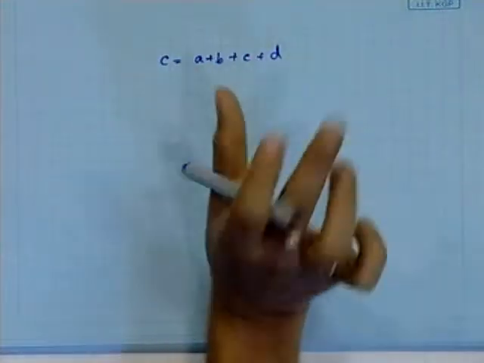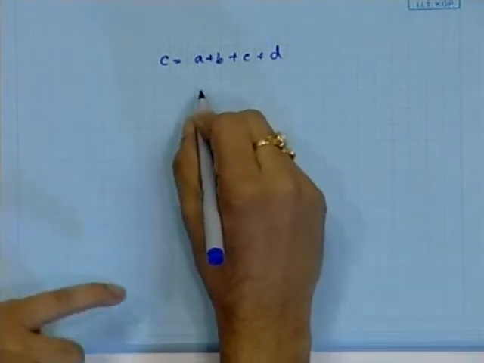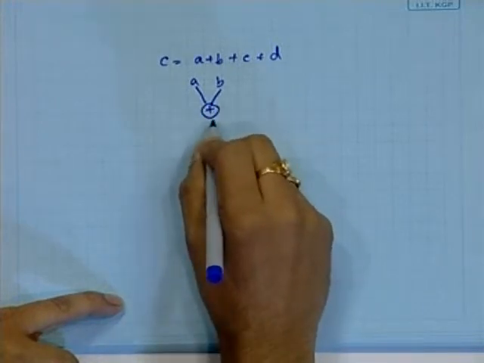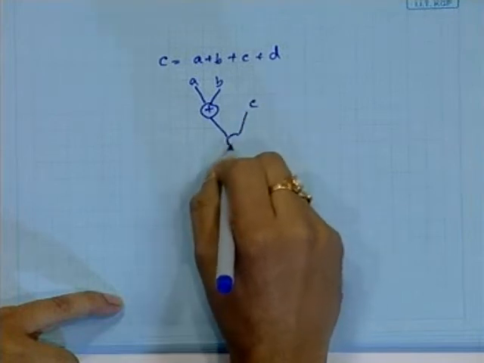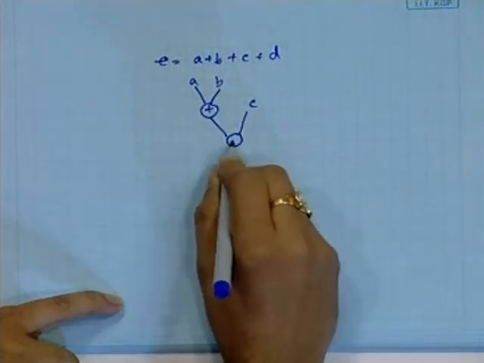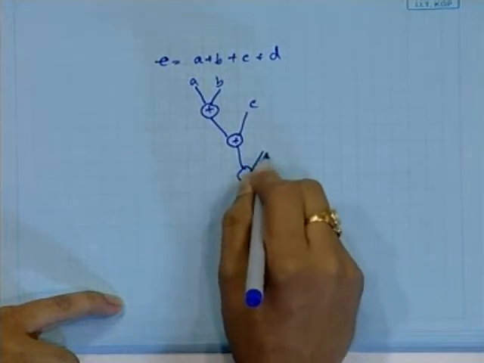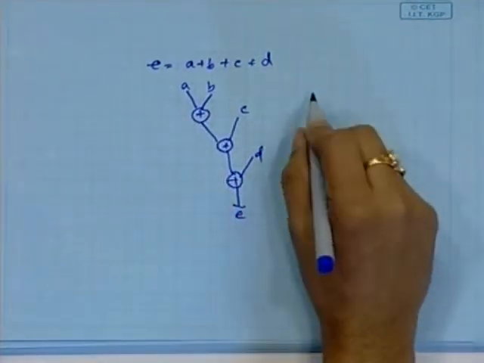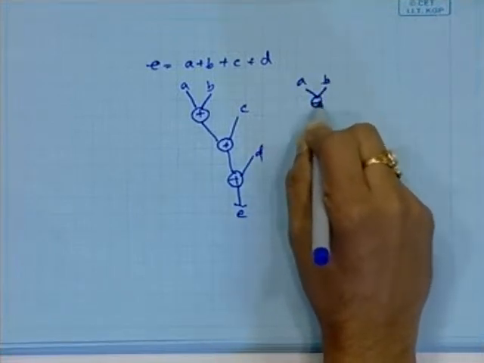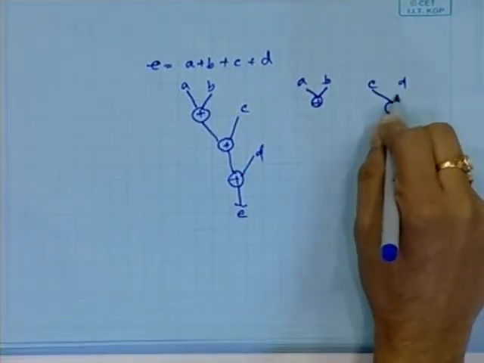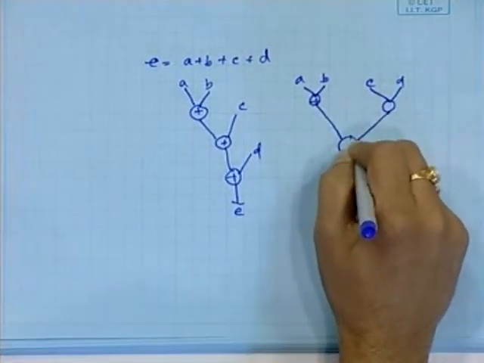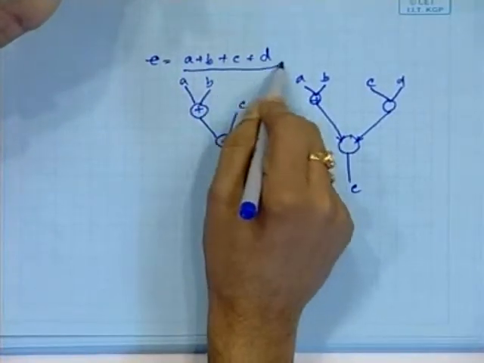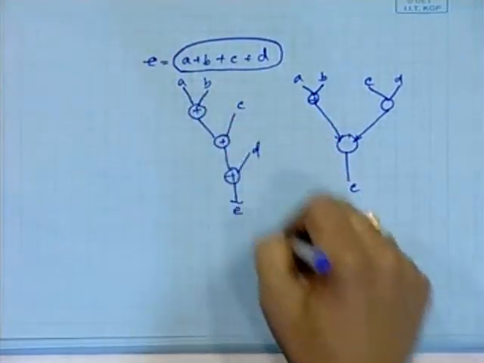Suppose you have to perform a plus b plus c plus d, simple. So what you can do, finally you will get the result, so it will take 3 steps, whereas you can do the same thing differently, so it will take one less time step. So for this expression you can break it into this way or maybe this way.